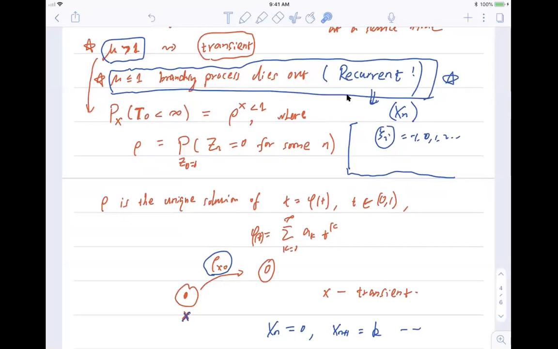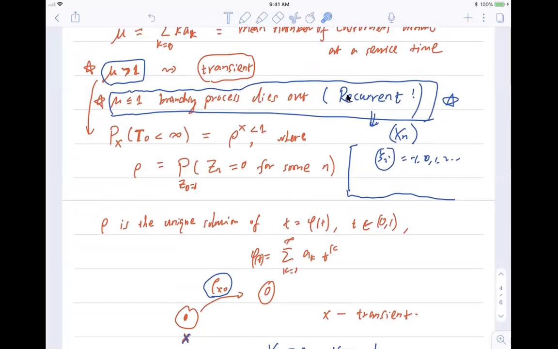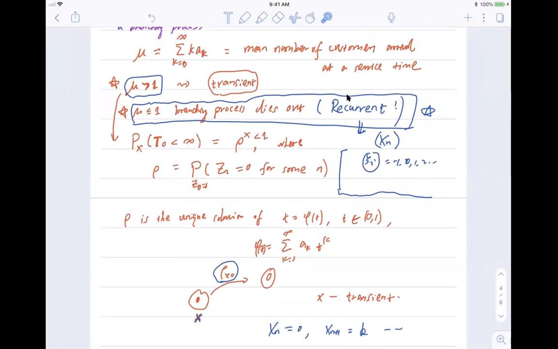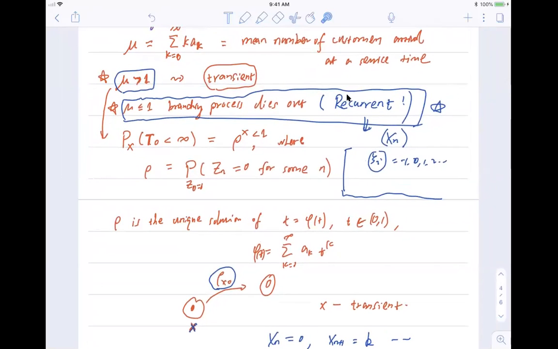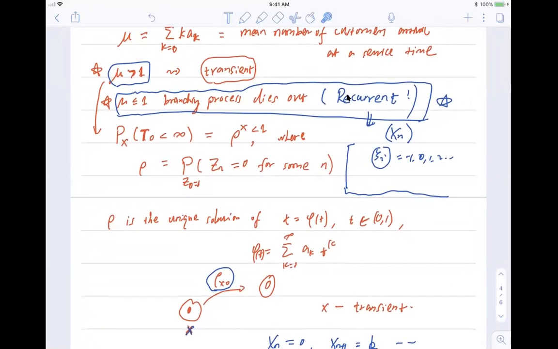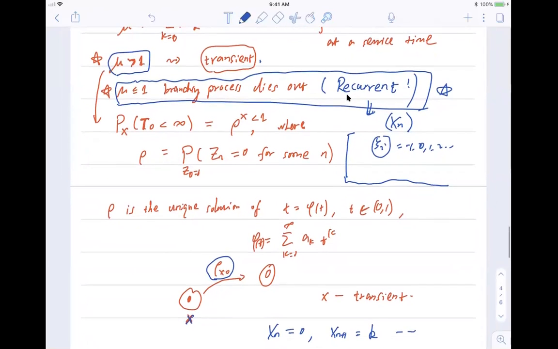I think here it's maybe not very easy to explain just by looking at the branching process. So I can tell you in another way, maybe go back to see the original proof. If you just see from the process, this is transient.